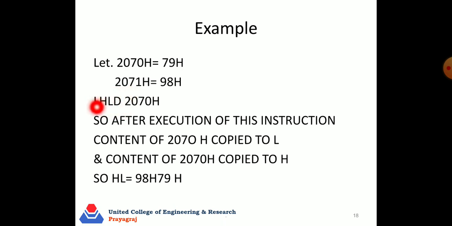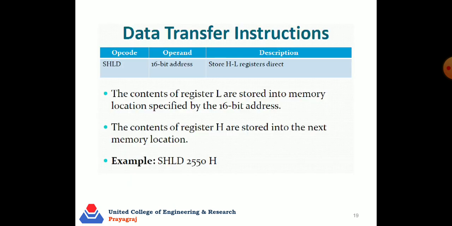If we write LHLD 2070H, after execution of this instruction, the content of 2070H is copied to L and the content of 2071H is copied to H. So in HL, H becomes 98H and L becomes 79H. So that is an example of LHLD.